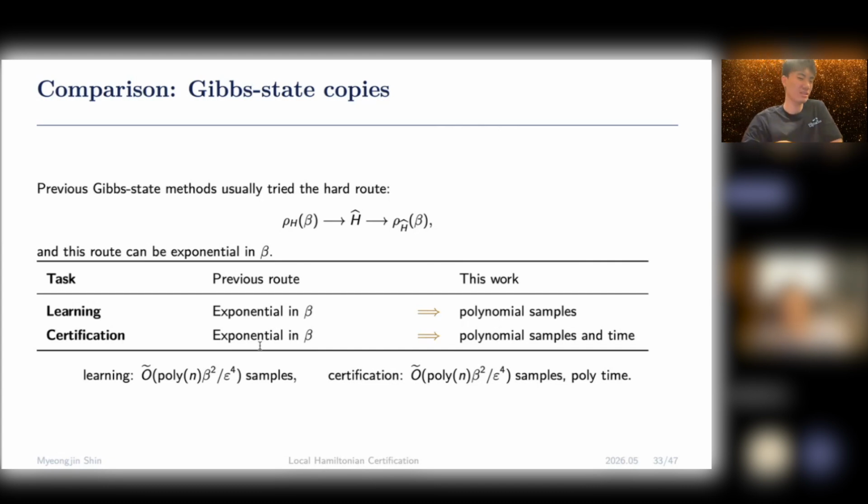That is one of the most important intuitions and ideas in this talk. So we can emphasize that certification is much more efficient than learning. So if certification is enough in some task, it is better to just use certification, not to learn the whole Gibbs state itself. That's one of the main messages in this talk.